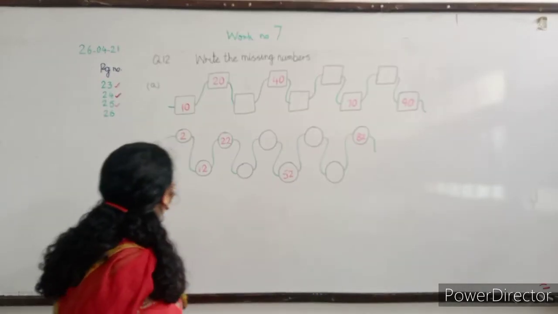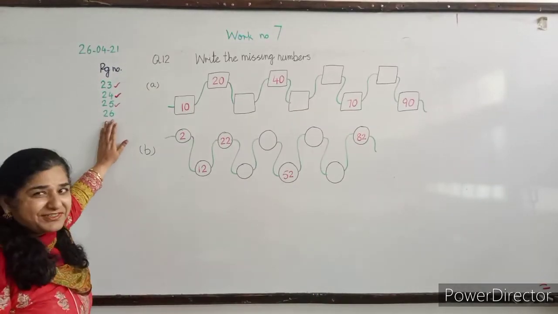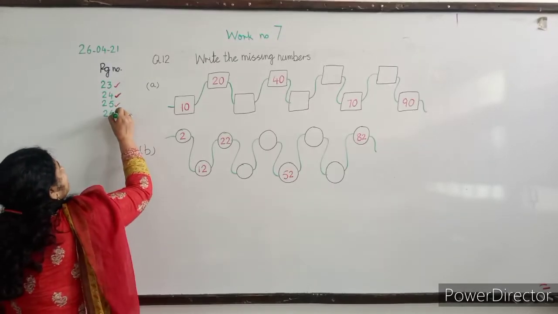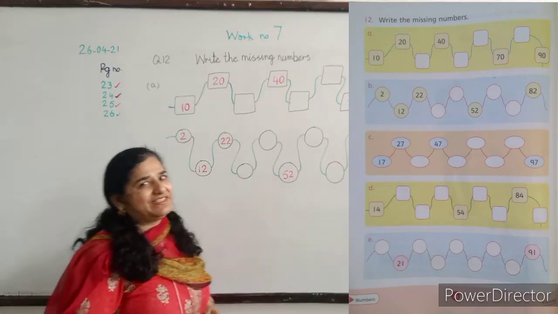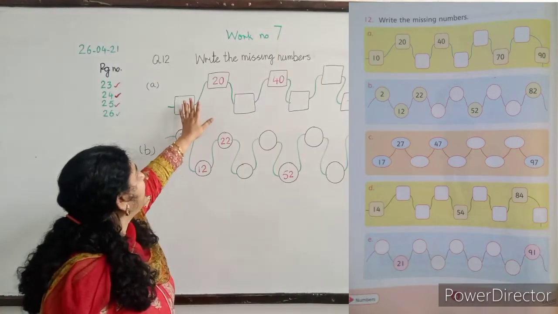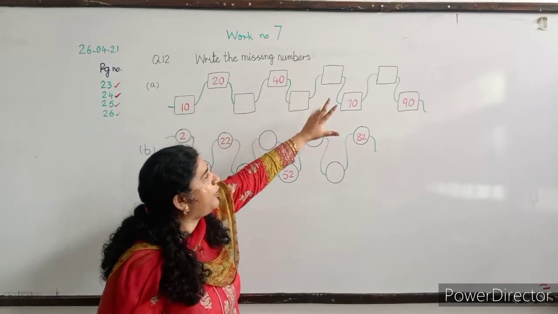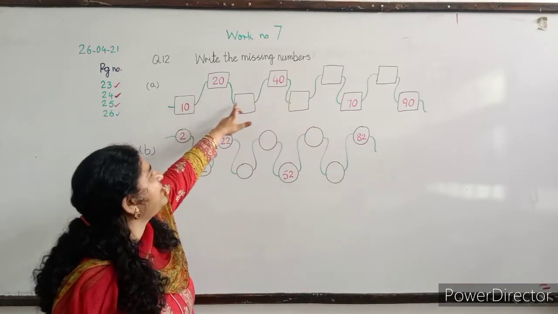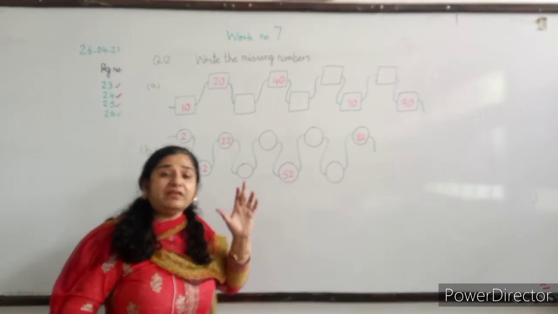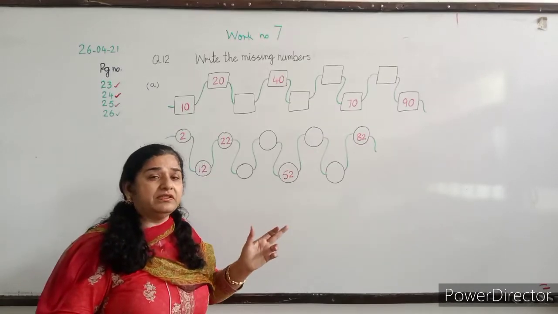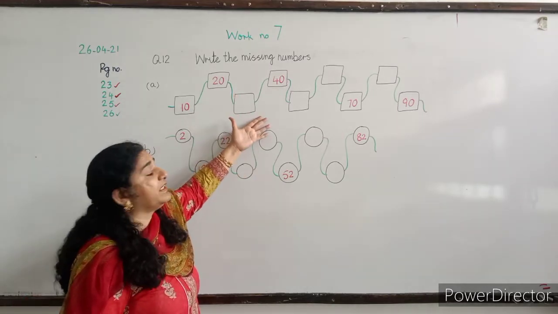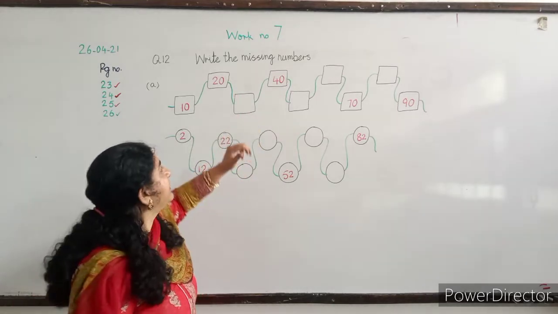Alright. Now we are going to do the most interesting work, page number 26. Children, this is very interesting. See, there are some blocks and this is like a chain. So first of all, you will read the question, because only through the question can we understand what the thing is they are asking us, right?